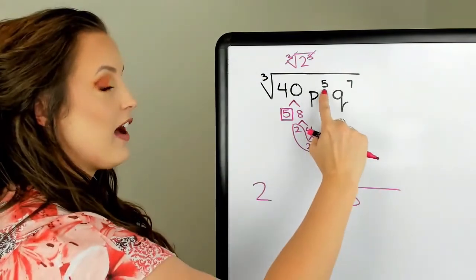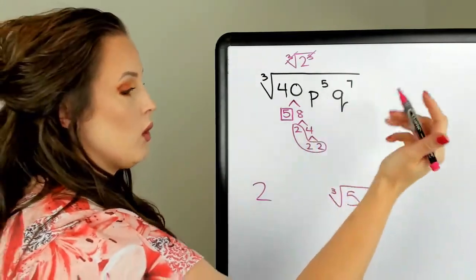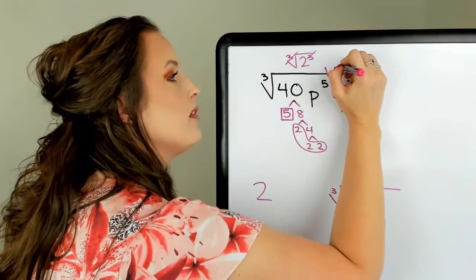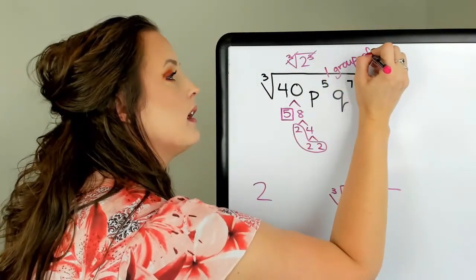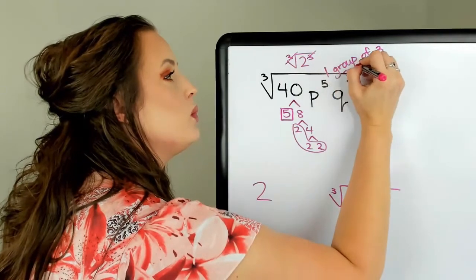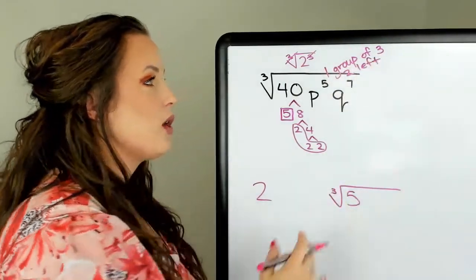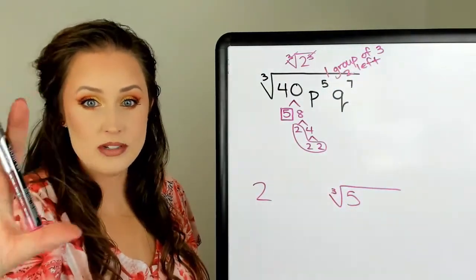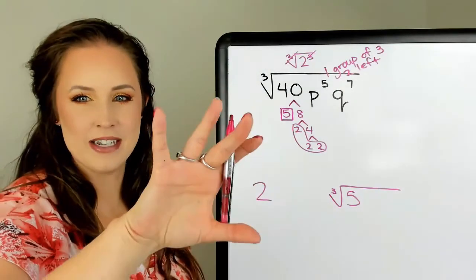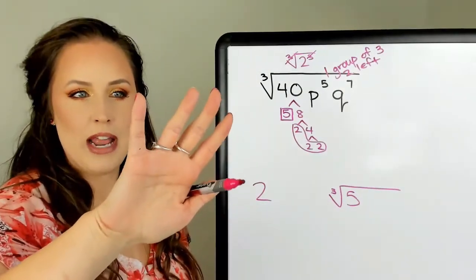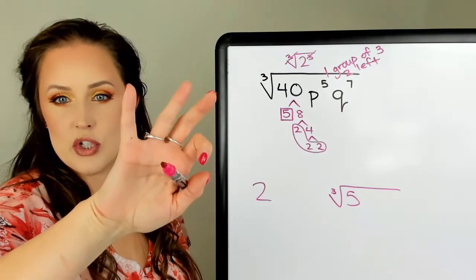So if we have 5 peaches, we have one group of 3 with 2 left. However many groups of 3 you have. 5 peaches. Then we have one group of 3 and then 2 left.